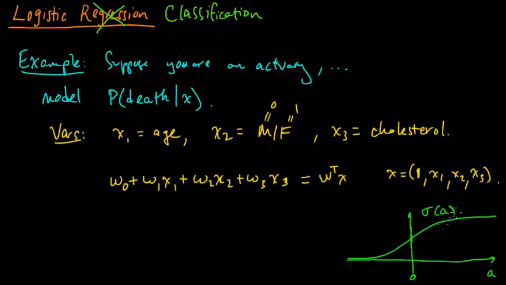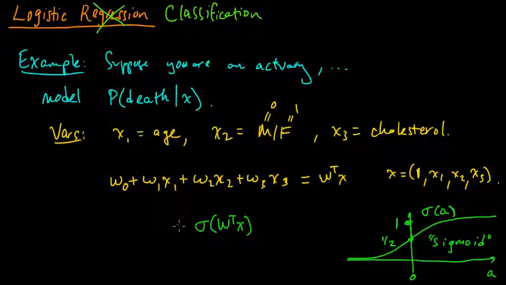Sigmoid is a generic term for an S-shaped curve. This would be 1 here, and 1/2 here. So we could pass this dot product through a sigmoid function like this, and that would always be between 0 and 1. So that would be good.